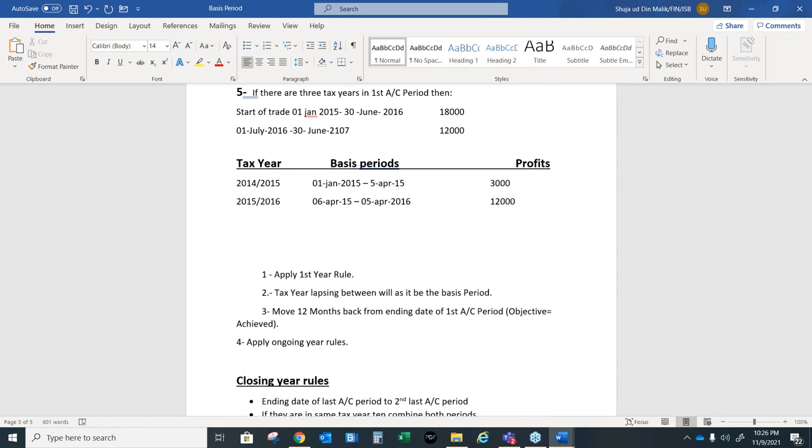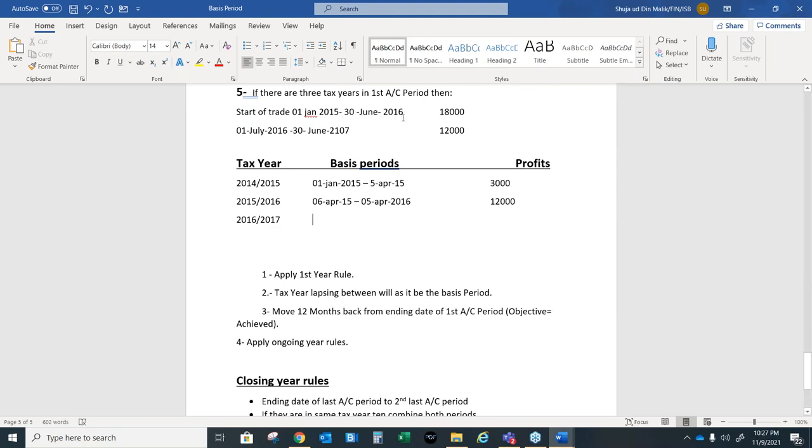For 12 months, it will be 12,000. And the next is, but still the objective is not achieved. The accounting date was 30th June, but we are still moving with 5th April. Hence, no objective has been achieved till now. So the next will be 2016 till 2017.